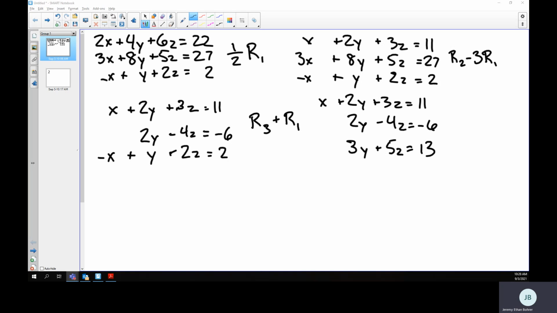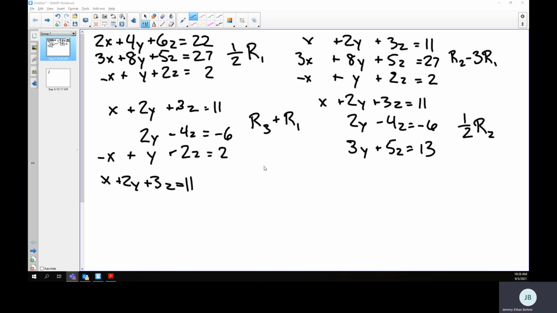Our next step is going to be to divide row 2 by 2, or take 1/2 row 2. When we do this, we get x plus 2y plus 3z equals 11.